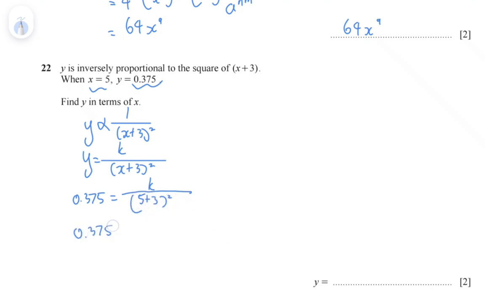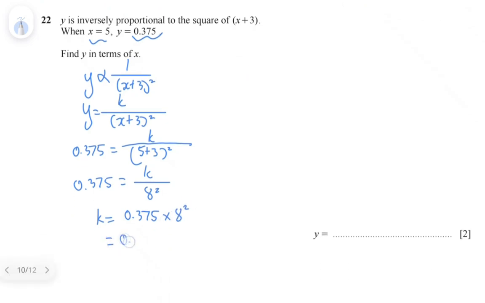So 0.375 equals k over 8 squared. k is equal to 0.375 multiplied by 8 squared, which is equal to 0.375 times 64, giving us the value of k as 24. So to find y in terms of x, we substitute k: y is equal to 24 over x plus 3 squared.